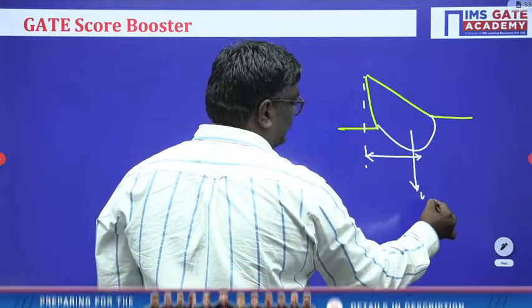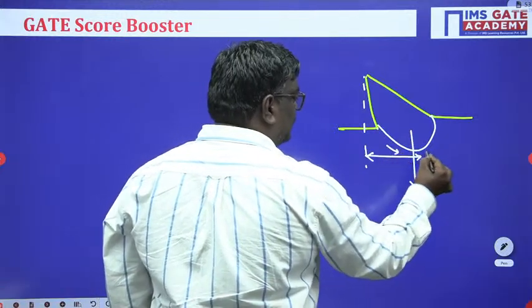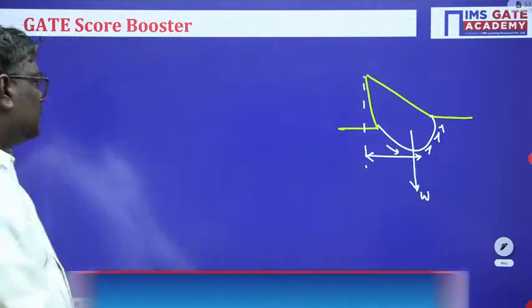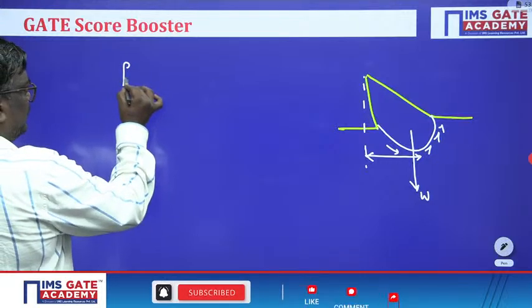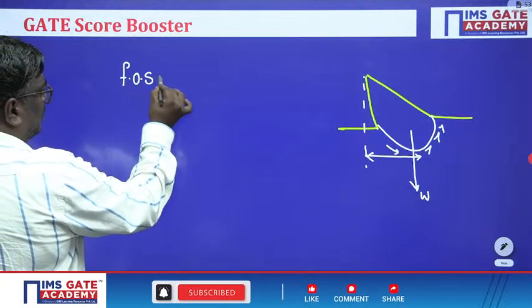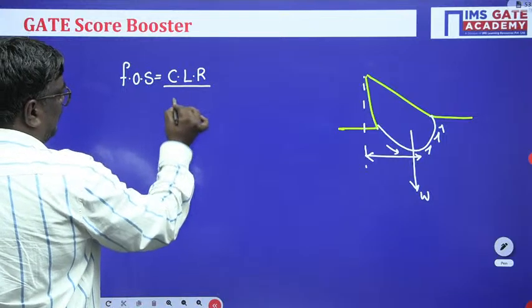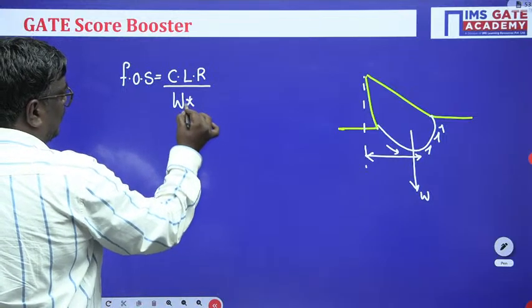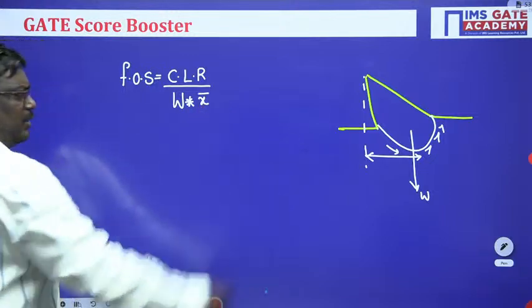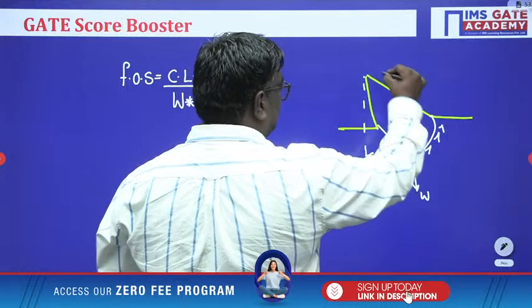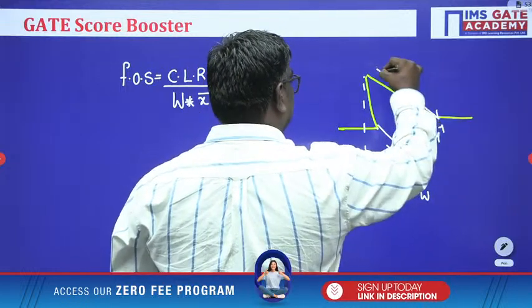This is weight. Always remember, my dear students, the resisting force will be due to cohesion. In the previous sessions I have told you the factor of safety formula. It is given by C into LR upon W into X bar. X bar is the centroidal distance, and this is the radius.